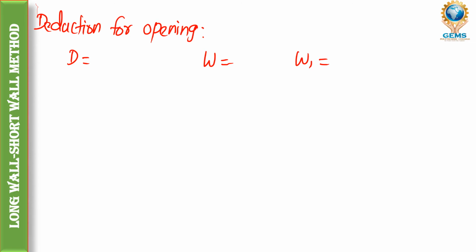So door size is what? 1.2 by 2.1. Then the window size is what? 1.3 by 1.5. Then the window one size is what? 1.2 by 1.5. Okay, so these are the dimensions given. So we need to deduct. So first one in the table, in the description, first one is what? Door.